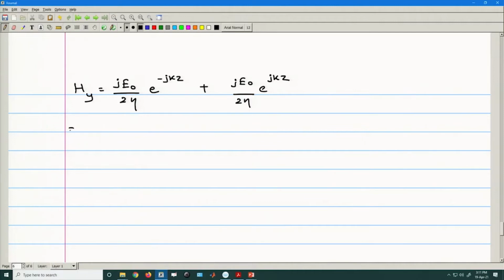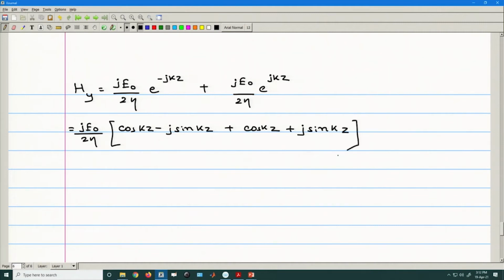Again, simplifying in a similar manner, we get j E naught by 2 eta, and e to the power minus jkz will be cos kz minus j sin kz, plus e to the power jkz will be cos kz plus j sin kz.